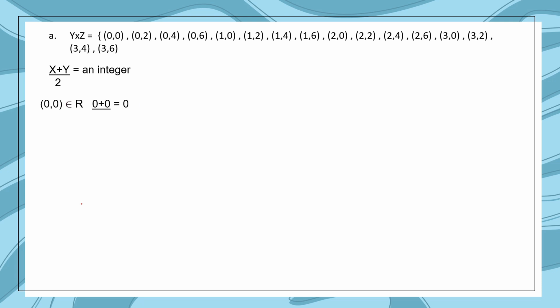Next, which are in R. Stating that ordered pair (x, y) should be an element of R means that the relation is (x plus y) over 2 is an integer.